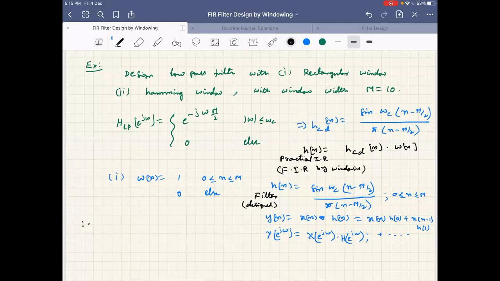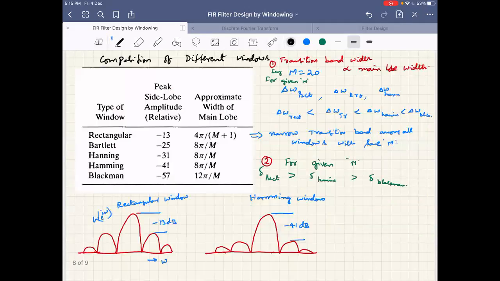In some cases, we may not define explicitly which window to use, but we may define what attenuation we should have in the pass band or stop band. If we specify that we cannot get attenuation lesser than 31 dB, either in pass band or in stop band, it means that we should use the Hanning window. No other window we can use, right? So if the problem itself defines the attenuation in the stop band and pass band in the specifications, that itself gives the information of the window type.